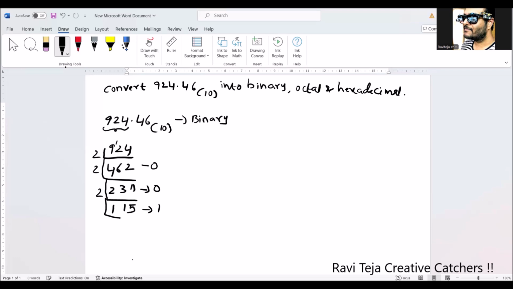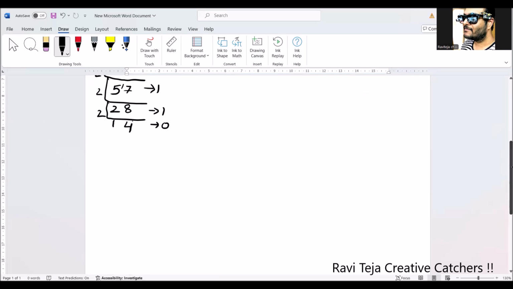We have 1 left. 2 5s are 10, 11, 2 7s are 14, 1 left. 2 2s are 4, 1. 2 8s are 16, we have 1 left. 2 1s are 2, 2 4s are 8, we have 0 left. 2 7s are 14, we have 0 left. 2 3s are 6, we have 1 left. 2 1s are 2, we have 1 left.